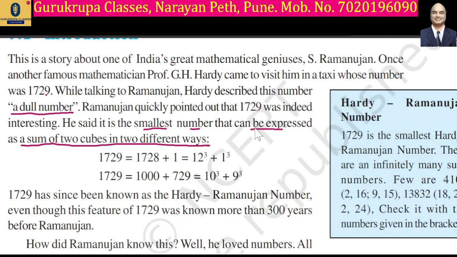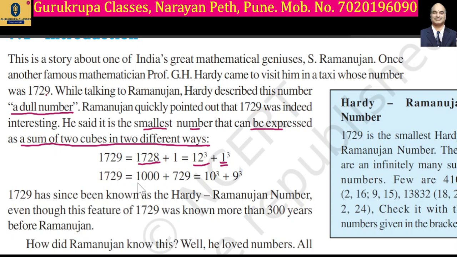First way: 1729 is equal to 1728, which is the cube of 12, plus 1, which is the cube of 1.